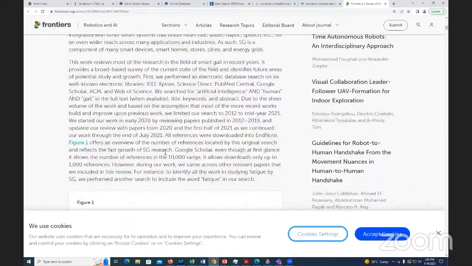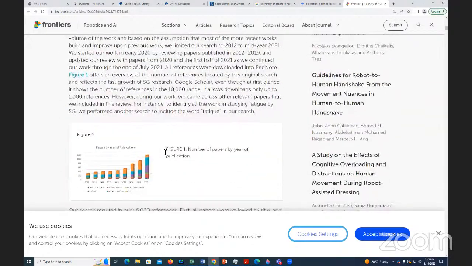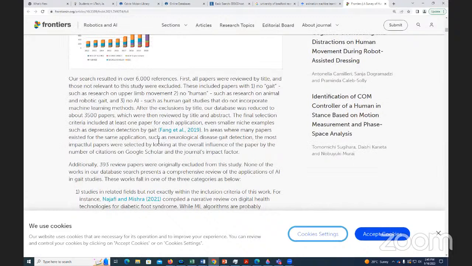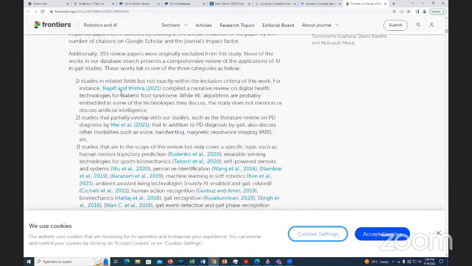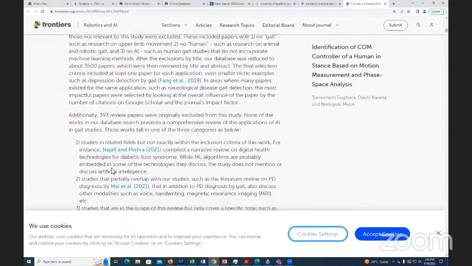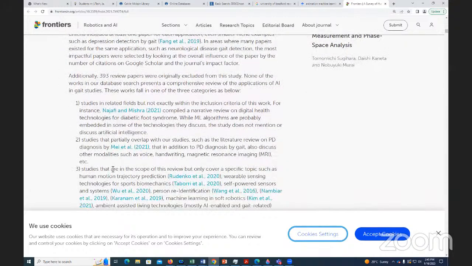We don't have time for that right now. So they're telling you that the number of papers in this area has been going up over the years. That's what that's showing. Then they looked at a lot of papers and they excluded 393 papers. Interesting. So this is what is called a review paper.